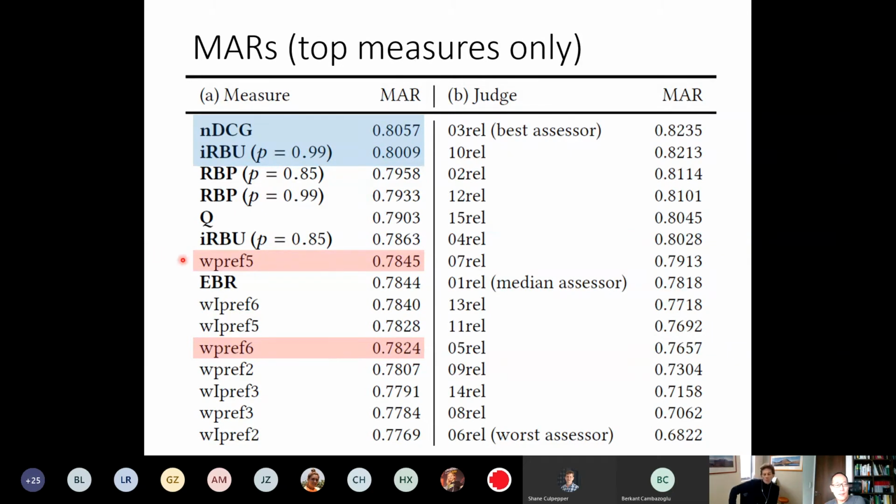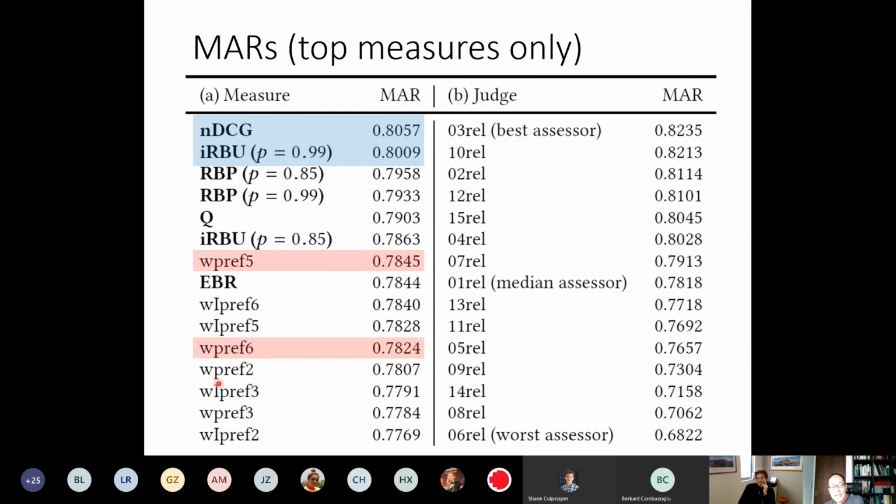Okay. Now, if we look at preference-based measures, they do well. The best measures are measures like wpref 5, 6. They utilize graded relevance, and they also achieve like 78%. And if you look at these parts, you can see that there is an I, meaning these are measures based only on implicit preferences.